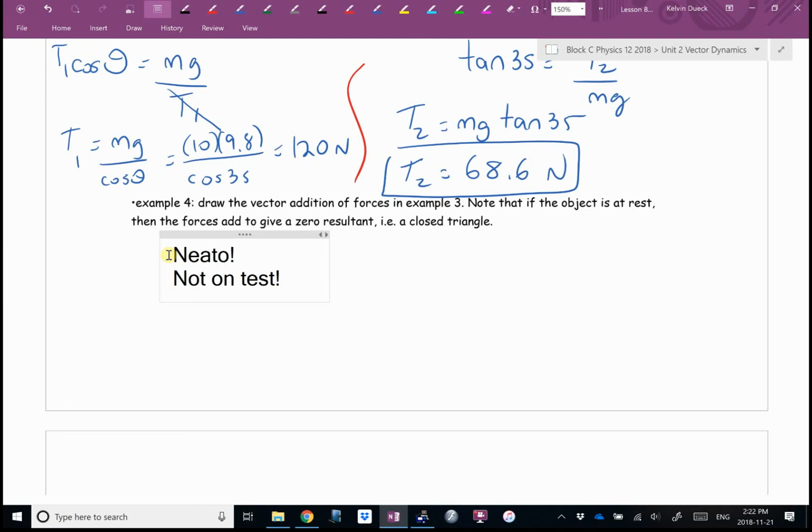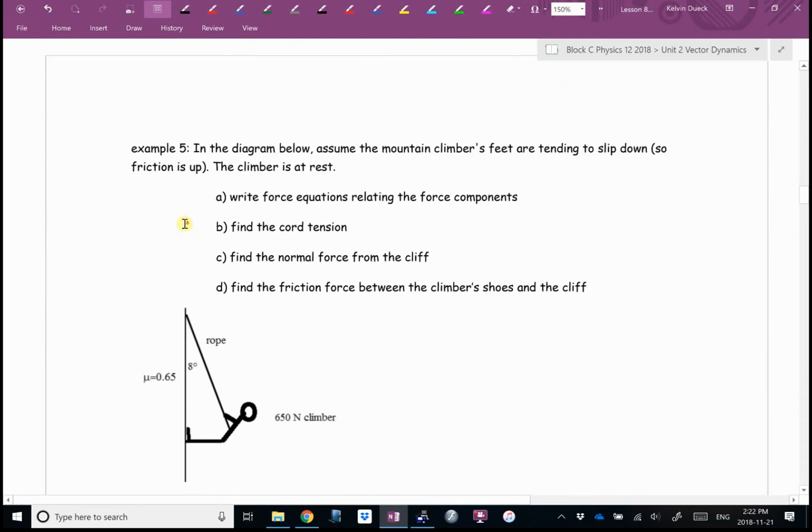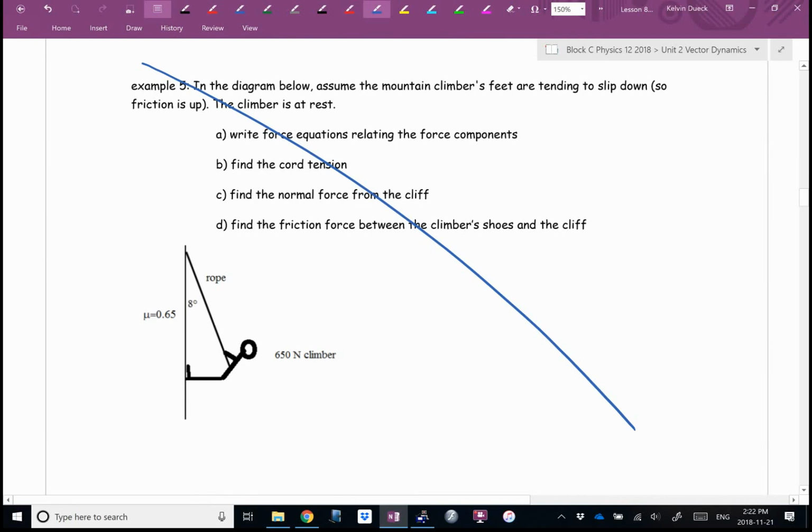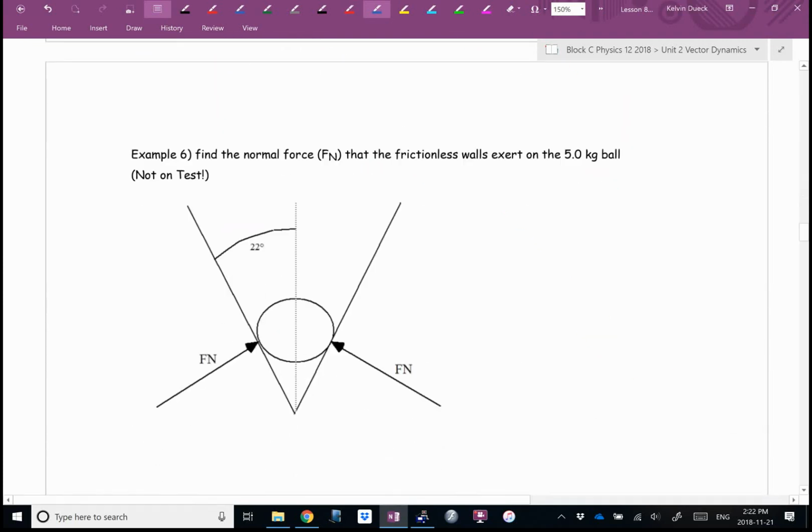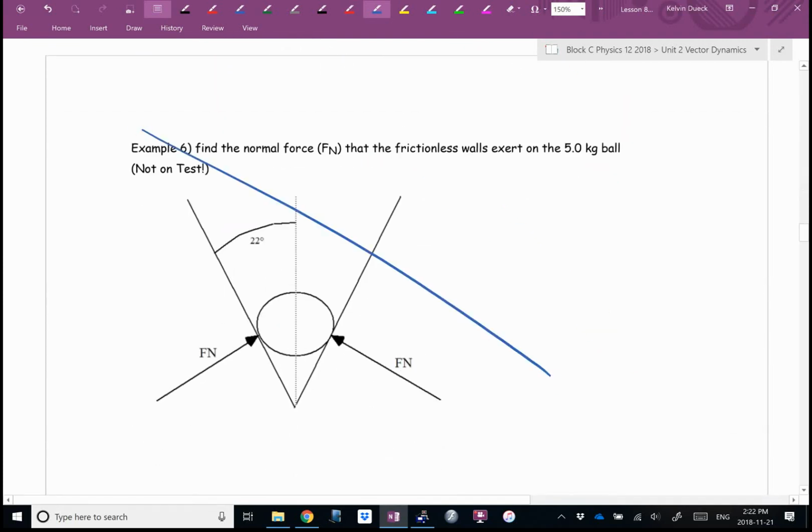Newton's first law, understanding that if you're not accelerating, the forces are balanced, that's fair game, but I won't be giving you a two-dimensional slanty one like this. And so what that means is we can skip example 5, although it's cool. It's kind of the physics of rock climbing. And we can skip example 6.